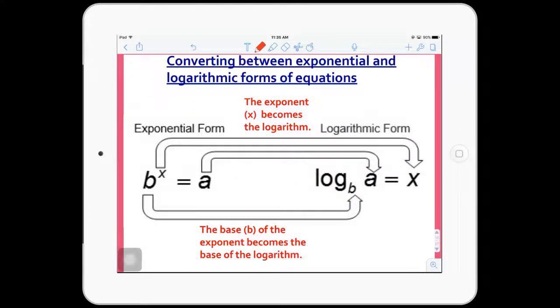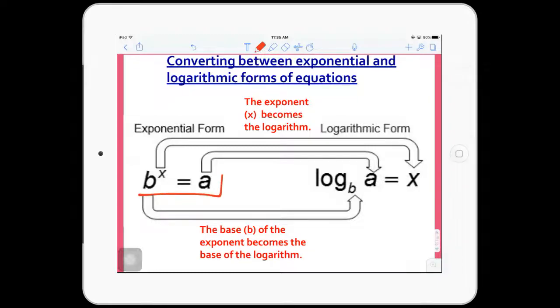Now let's talk about converting between exponential and logarithmic forms of equations. I think a lot of people do not feel comfortable just reading or working with logarithms, but it helps a lot when we rewrite a logarithm in exponential form.